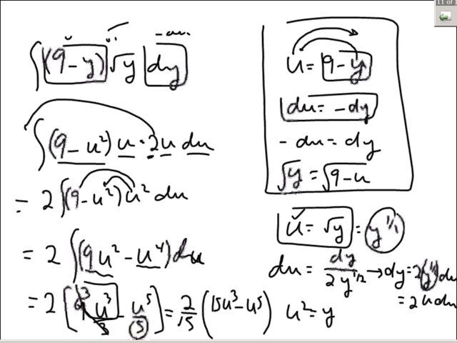And at the very top I will put the answer. So it equals 2/5 times 15u to the 3 minus u to the 5th. For u is the square root of y. It says so. U is y to the half. So if I cube that, I get y to the 3/2. I multiply the 1/2 power by 3.